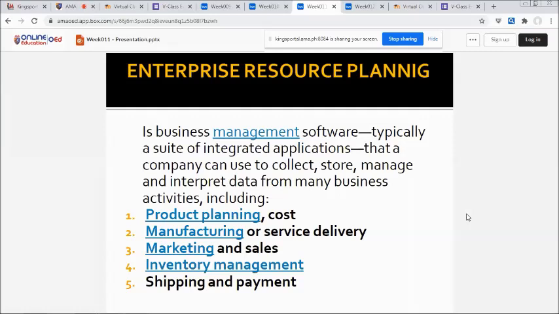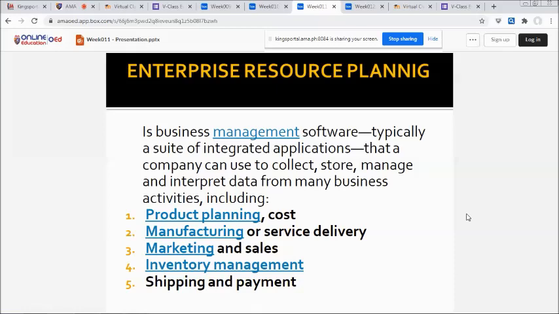Okay, so how about enterprise resource planning, or what we call ERP? It is business management software, typically a suite of integrated applications that a company can use to collect, store, manage, and interpret data from many business activities, including first, product planning, which is cost.